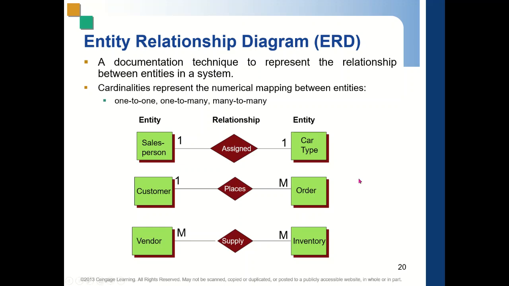Jane can place many orders, Dawn can place many orders, but when we look at an order, the order always comes from one customer. So reading it that way, a customer can place many orders, but going the other way, each order can only come from one customer. It may be a little confusing, but it's actually quite important.